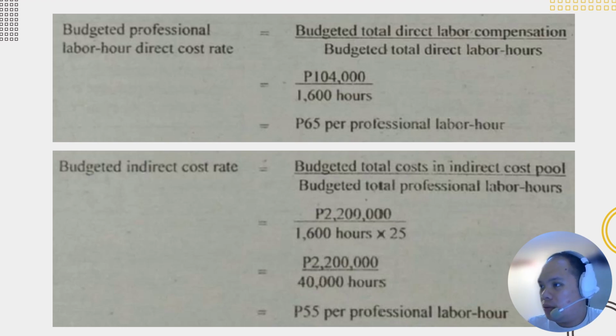We multiply that by 1,600 billable hours, so they have 40,000 professional labor hours. We divide the indirect cost pool, 2,200,000, by 40,000 hours. So the budgeted indirect cost rate for this problem is 55 pesos per professional labor hour.